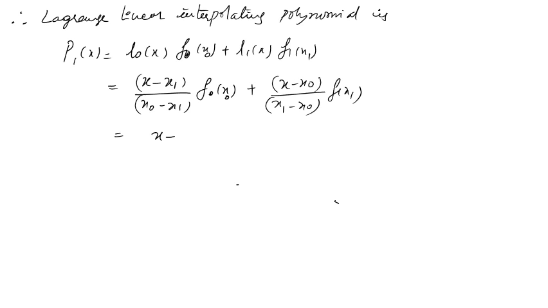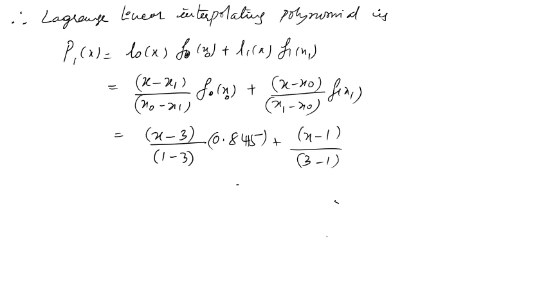So this is x minus x1, that is 3, by x naught 1 minus 3 f of x naught 0.8415 plus x minus 1 by 3 minus 1 f of x1 means f of 3, sin 3, 0.1411. So what is the polynomial here?